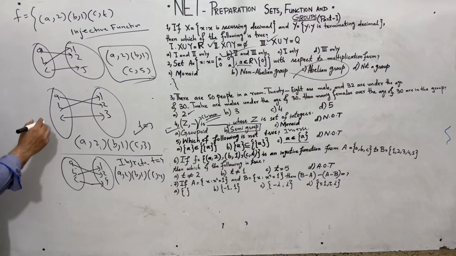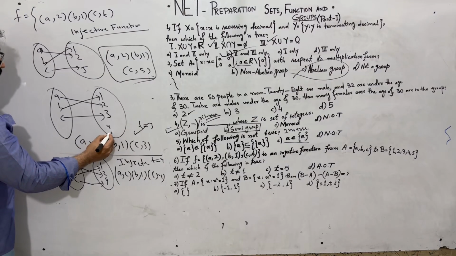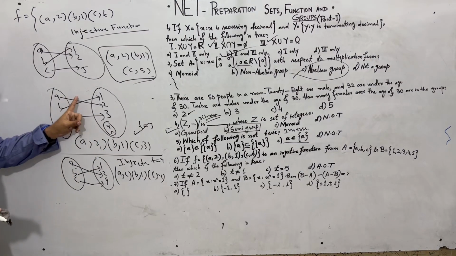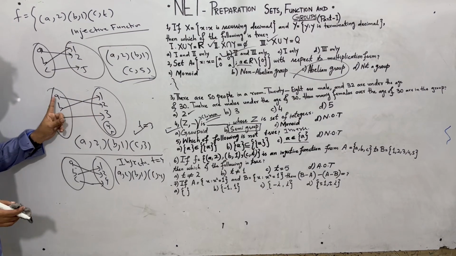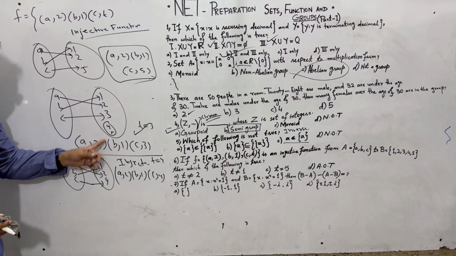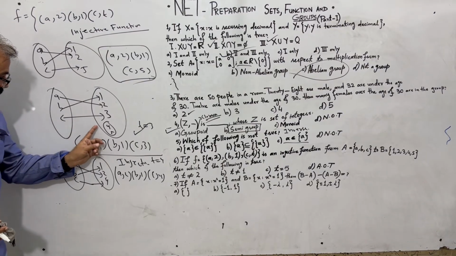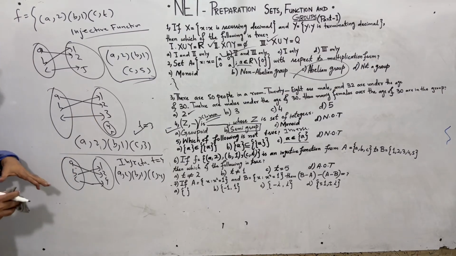Injective means one to one correspondence. Maybe 4 and 5 are missing, it's okay. B to 1, A to 2, C to 3, then instead of 3, 4. C can be related to 4, C can be related to 5. For C we have 3 possibilities and they are all injective.